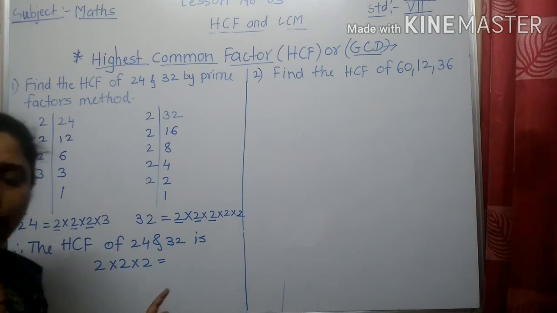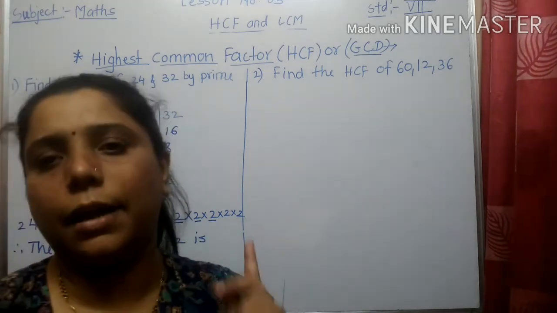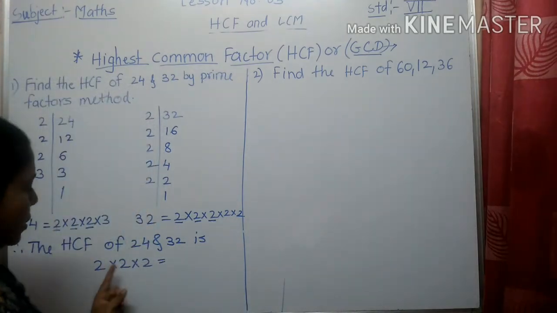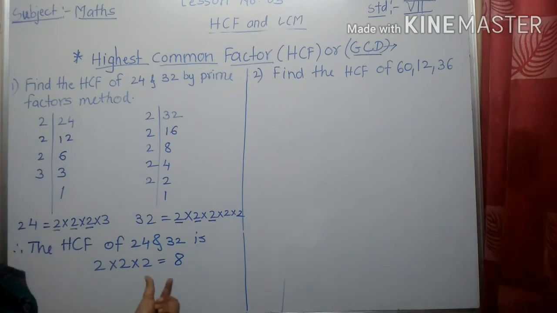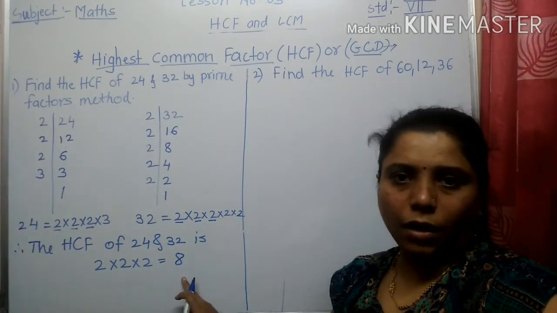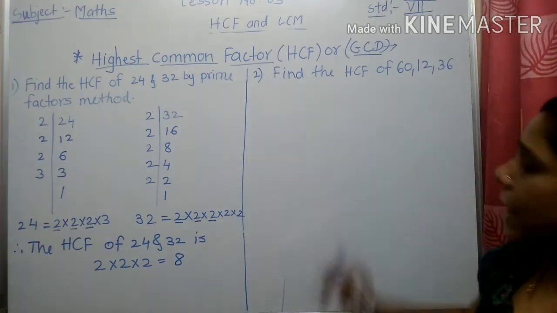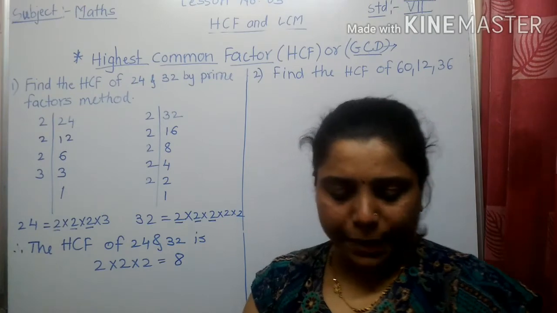You have to write it because it is a common one, that's why you write it one time only. So 2 2s are 4, 4 2s are 8. So what is the HCF of 24 and 32? 8. Now come to the next example. Now you are observing a basic one.